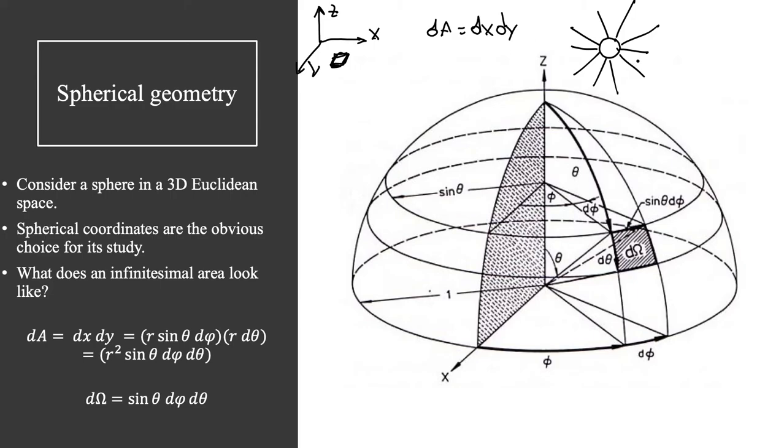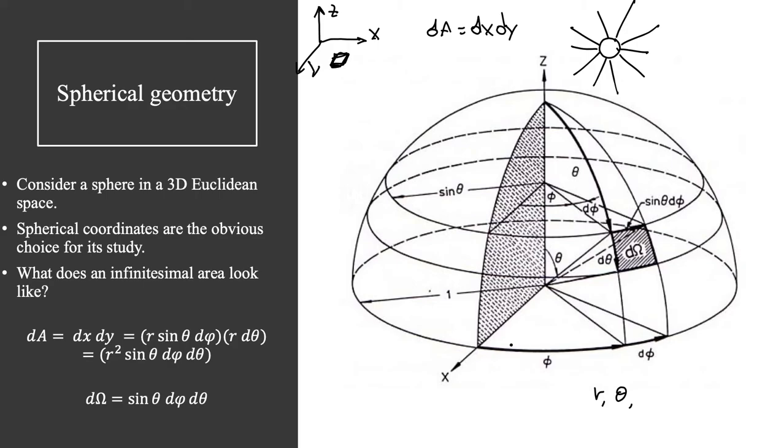In particular, we use three coordinates on a sphere. The first is the radius, meaning the distance from the center. Then we have an angle that tells us how high on the horizon we are, and that angle is theta.